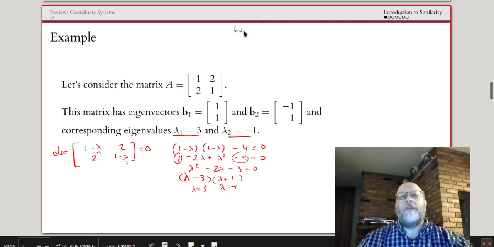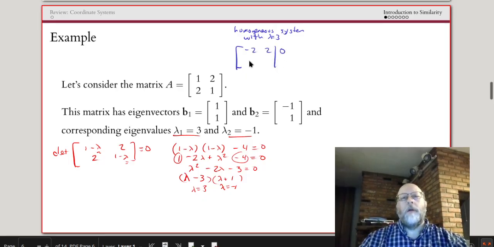So the homogeneous system with lambda equals 3 is 1 minus 3 is negative 2, and again, 1 minus 3 is negative 2.